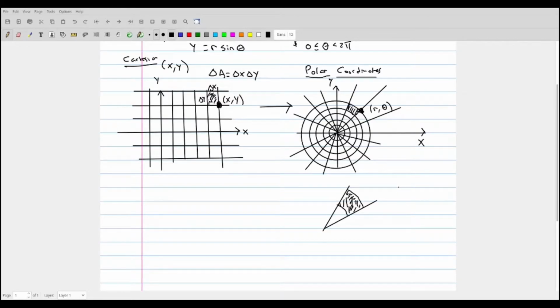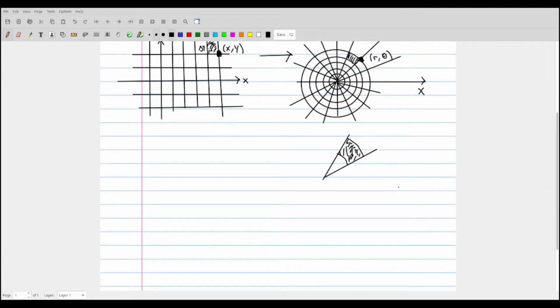So the idea here is that at all costs, in order to integrate properly in this new coordinate system, we have to take this into consideration.